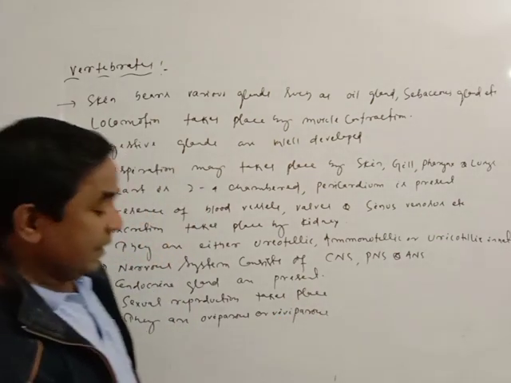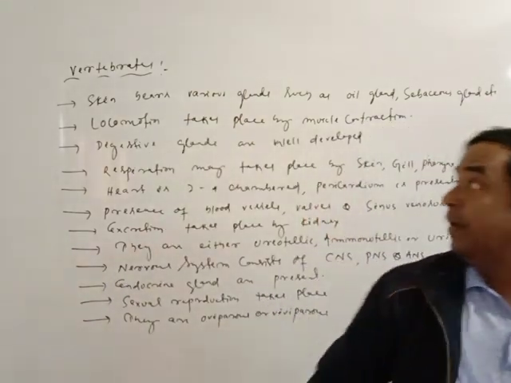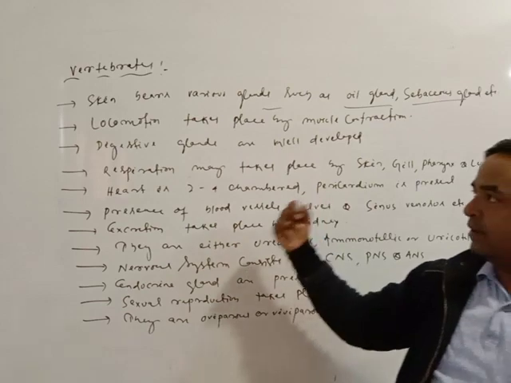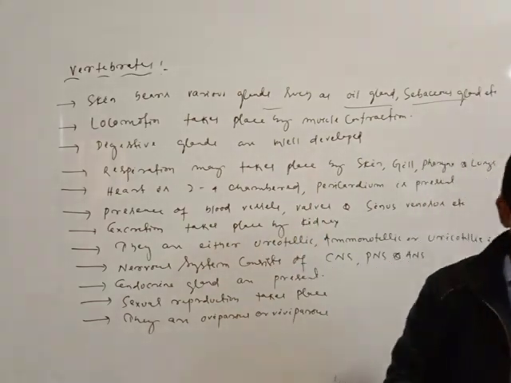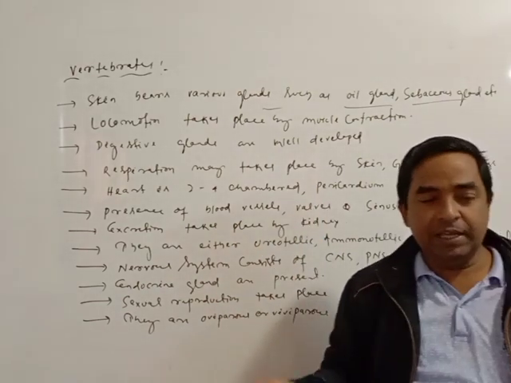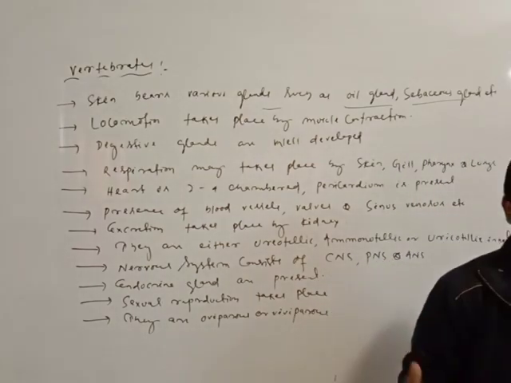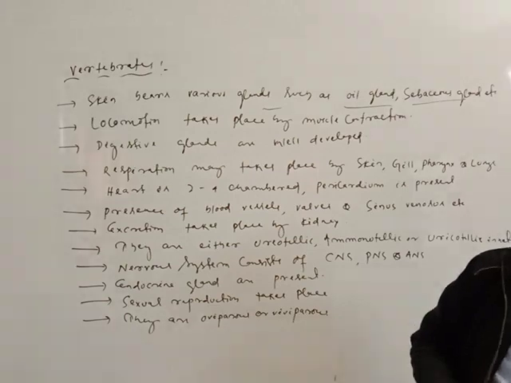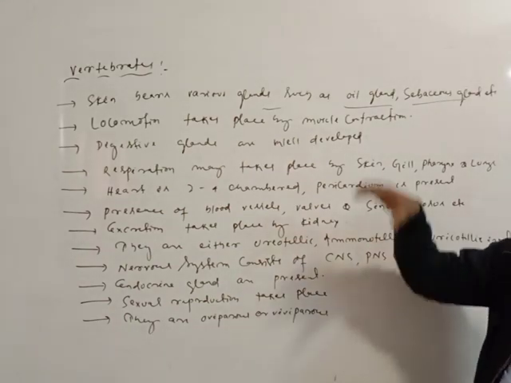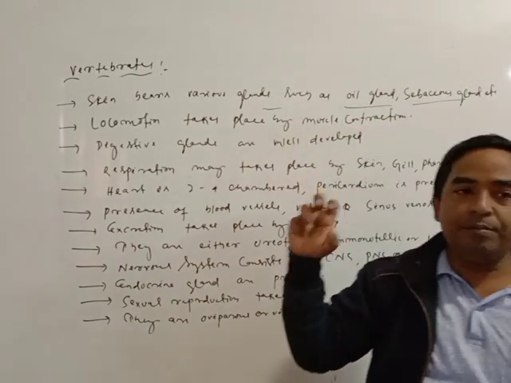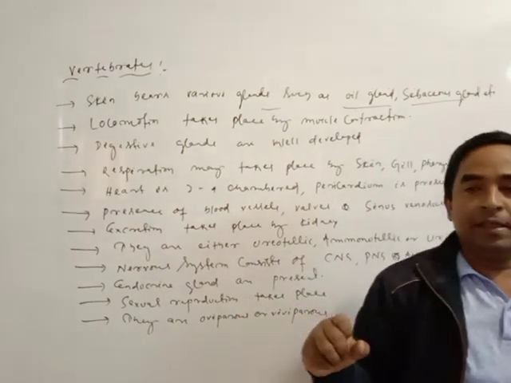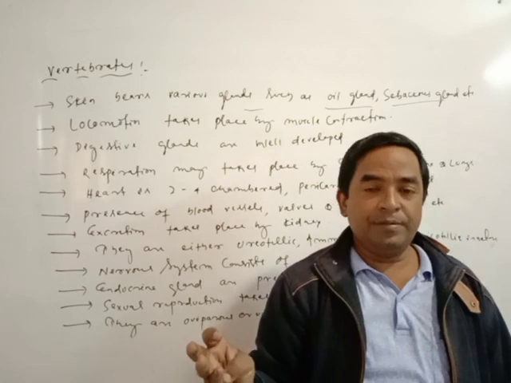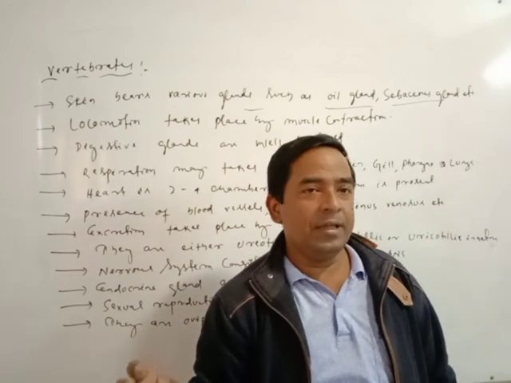See, skin bears various glands such as oil gland, sebaceous gland, sweat gland, etc., which provide innate immunity and protect our skin from external injury. Locomotion takes place by muscle contraction. Here we have striated muscles, unstriated muscles, and cardiac muscles.